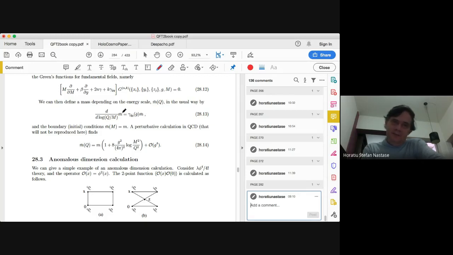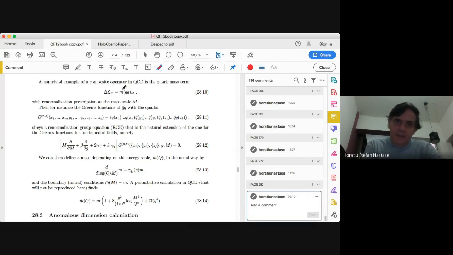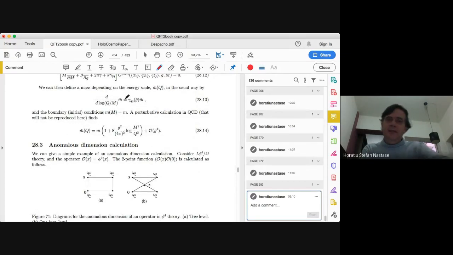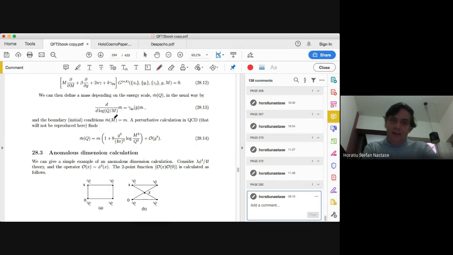Just as now, m is the object multiplying the operator in the series, so the anomalous dimension is gamma of q bar q. And the normalization prescription is at the scale capital M. So therefore, the boundary condition for this differential equation is for m bar at capital M equal to m.